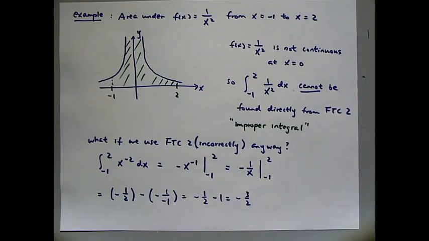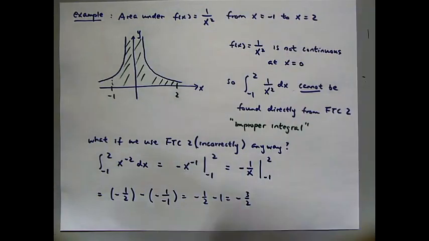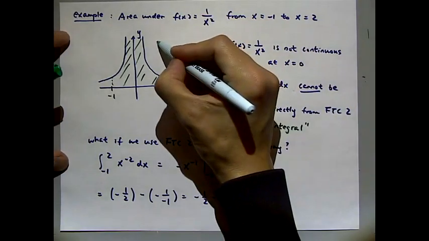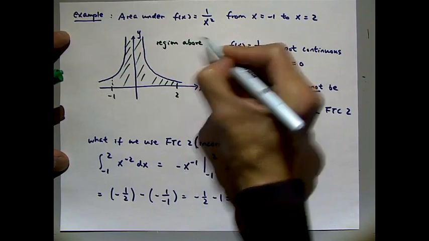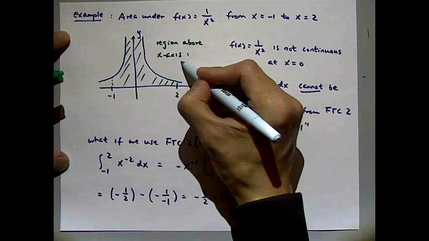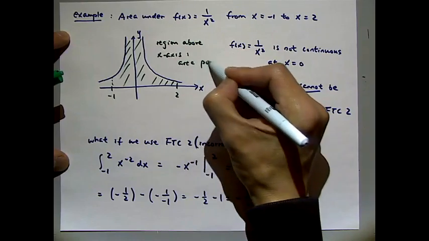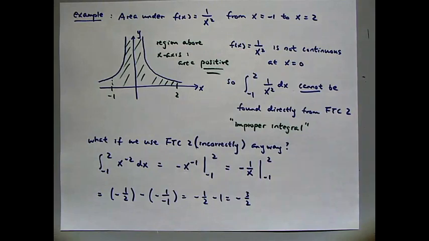Now this clearly cannot be right because the entire region is above the x-axis. Remember, that means the area has to be positive. And if I use FTC2 incorrectly, I get something that's obviously wrong. It's a negative number. It cannot be right.